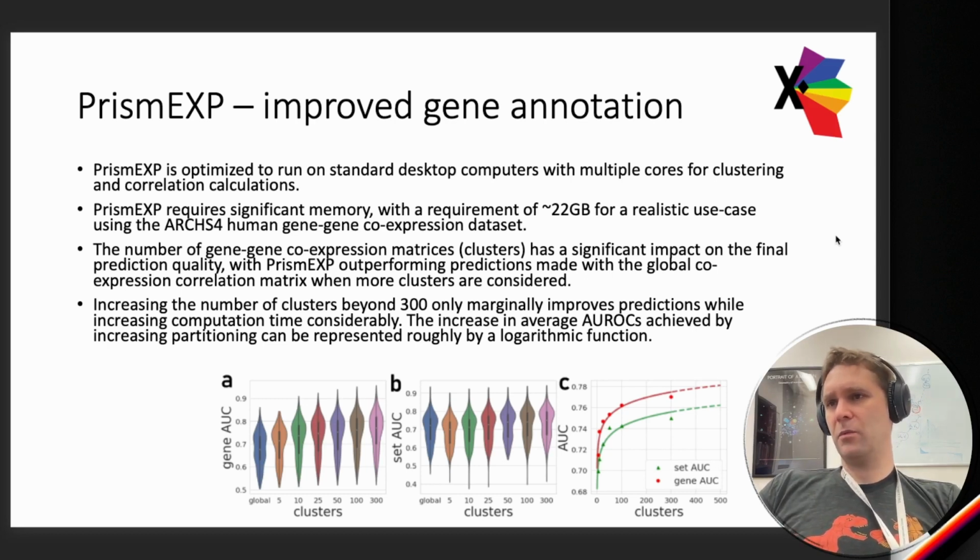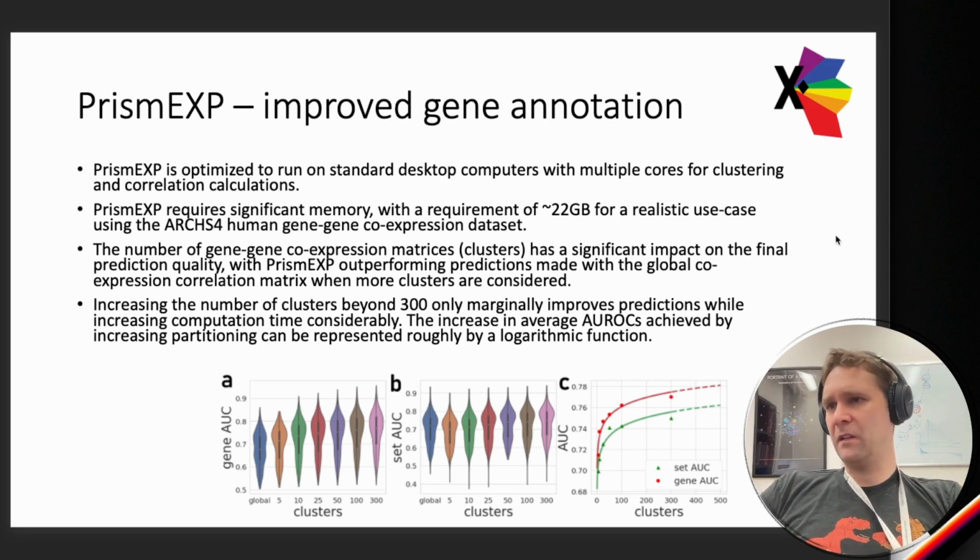As a take-home message, what's shown in the plot is that the prediction quality increases with the number of clusters that are used. So the clusters are equivalent to the number of correlation matrices that are used in this approach.